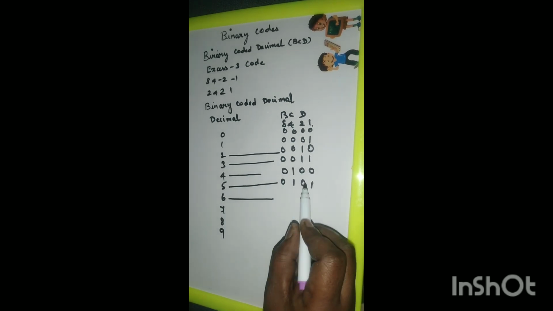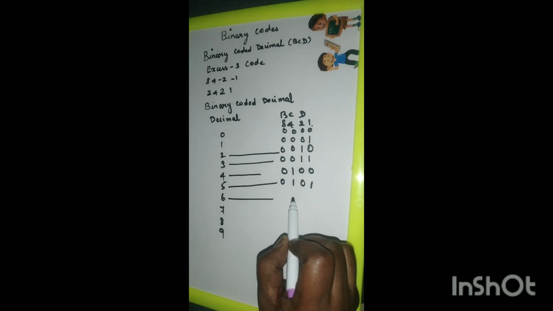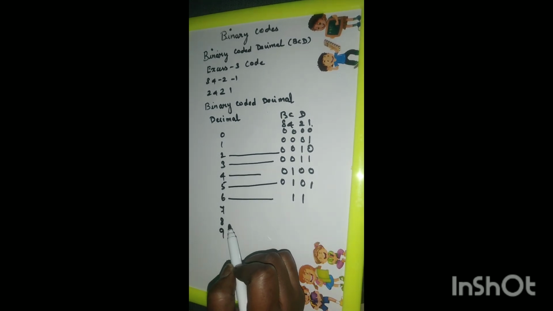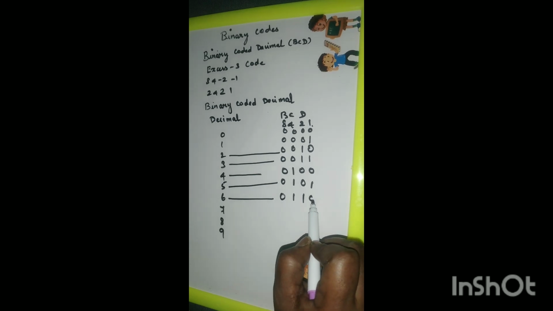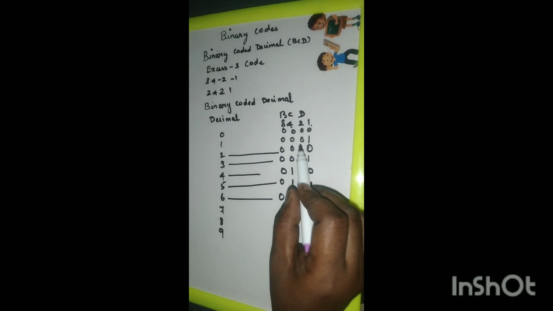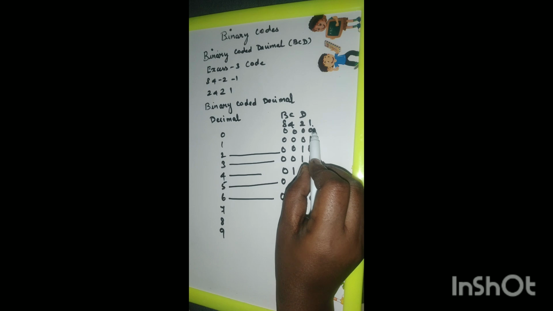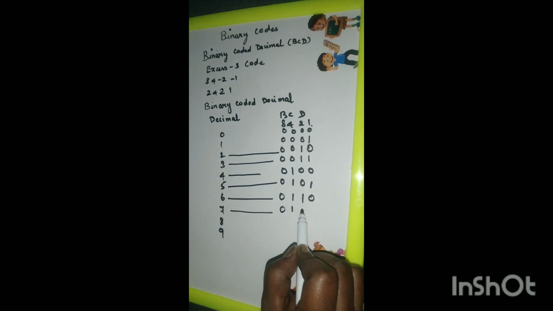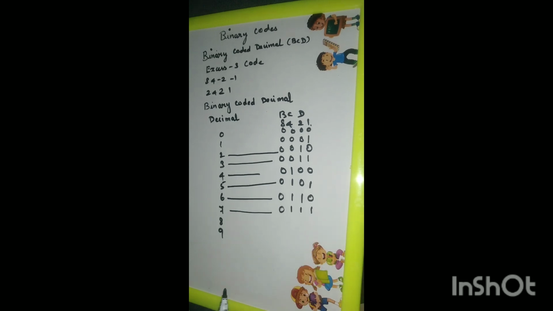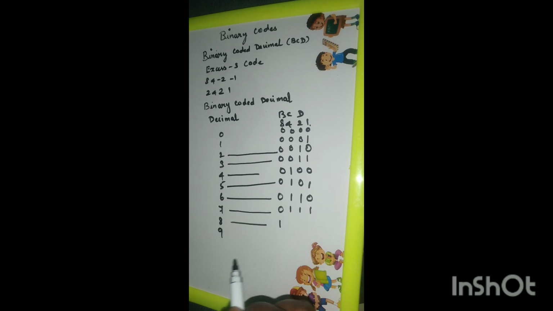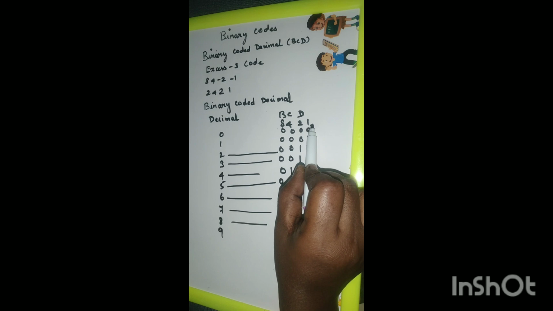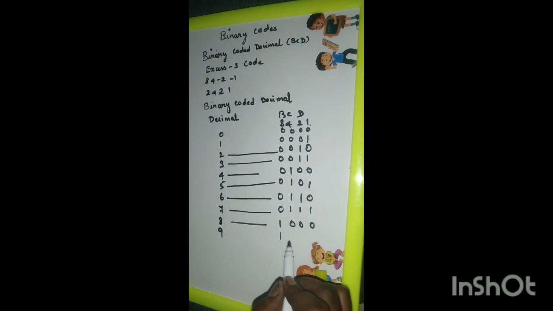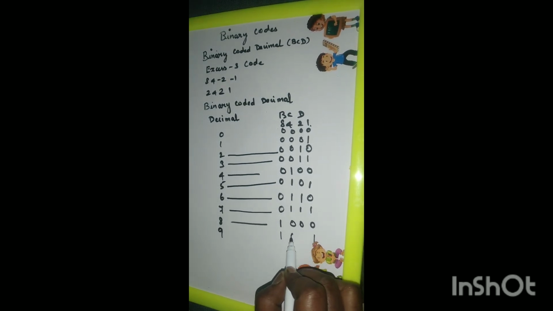For 6, 4 plus 2 is 6, so for 4 and 2 we assign 1, and 0 for the others. For 7, 4 plus 2 is 6, 6 plus 1 is 7, so 0 for 8, and 1 for 4, 1 for 2, 1 for 1. For 8, 8 is already there, so we can assign 1 directly for 8, and 0 for the other numbers. For 9, 8 plus 1 is 9, so we assign 1 for 8 and 1, and 0 for the remaining numbers.